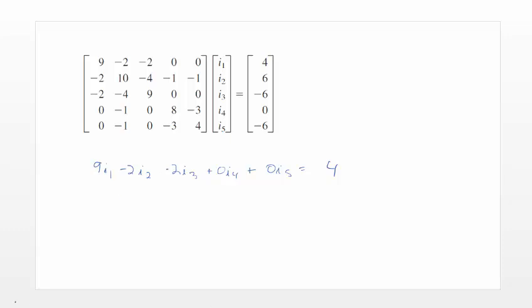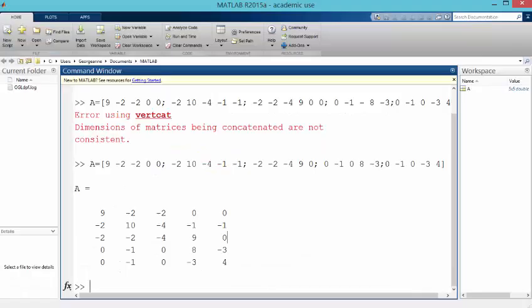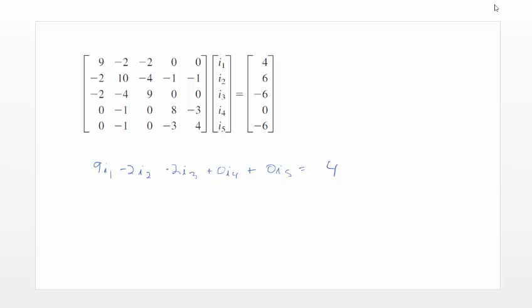So I would rather use my programmable calculator or my nice math program. I'm going to pick my nice math program. I already entered A because I made a mistake first. There's the A matrix right there. And I forgot what B was. B is 4, 6, minus 6, 0 and minus 6.